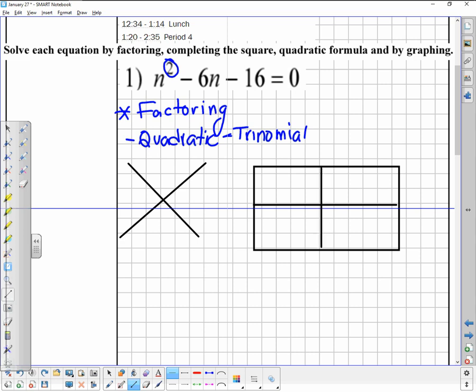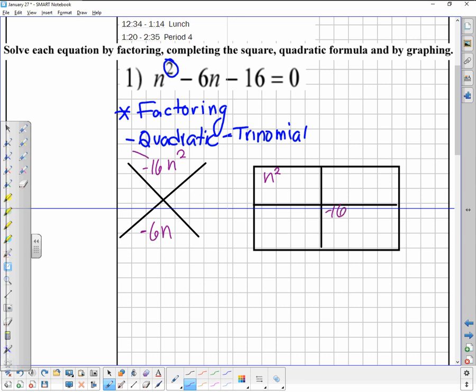Now the way you do it is whatever you put in here has to be the first and the last, so this will be negative 16n squared. The middle one should be here, that should be negative 6n. First term should be here, and the last term will be here.